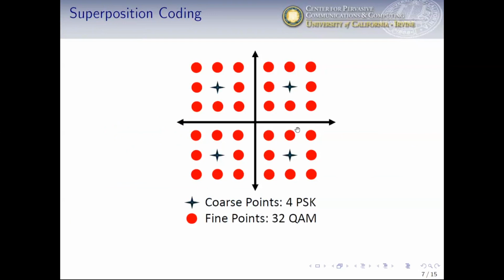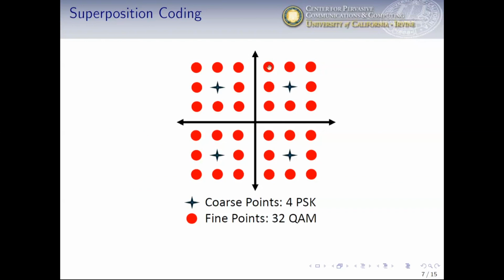This is an example of how to implement the idea with traditional modulation schemes. So in this example, we have a 4 PSK constellation shown with these black pluses that is used for the weaker user.